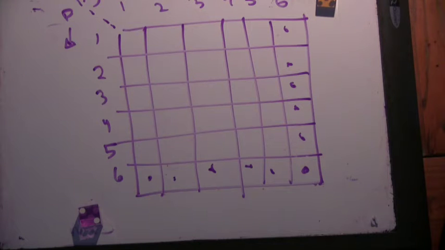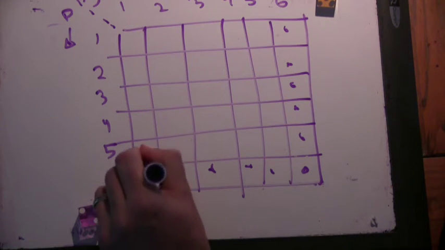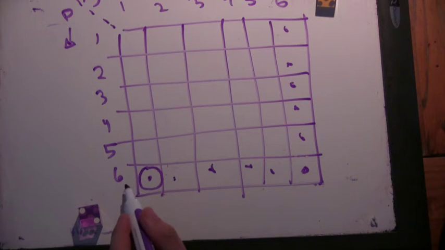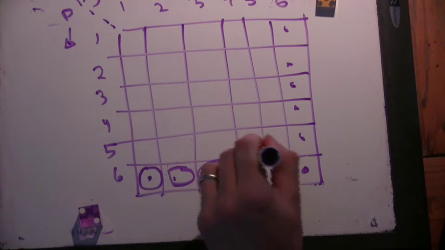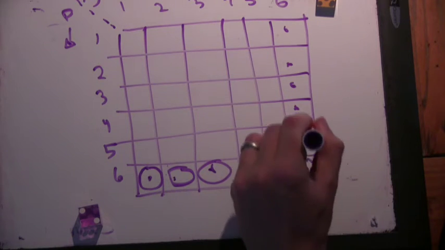Each of these squares, where's the marker? Each of these squares is equally likely, right? Like, what's the probability that I end up in the square where I roll a purple 6 and a yellow 1? It's 1/36. So I'm equally likely to be in all of these squares. Right? Yeah.